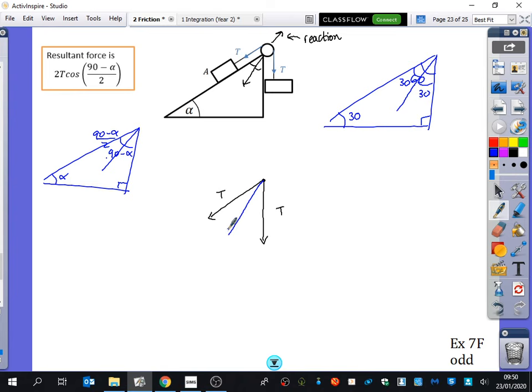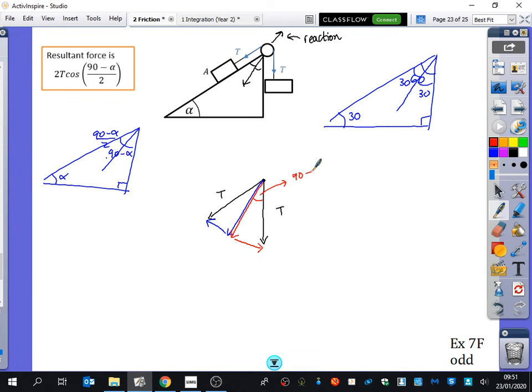This T here, I can split into a force like this and a force like this. This T here, I can split into a force like this and a force like this. They're meant to be perpendicular. I haven't drawn that second arrow as perfect as I could have done, so let's have another go. What do we say this angle at the top was? 90 minus alpha.